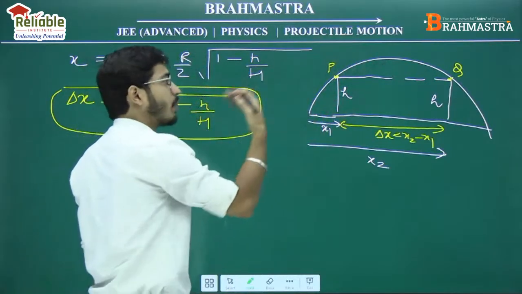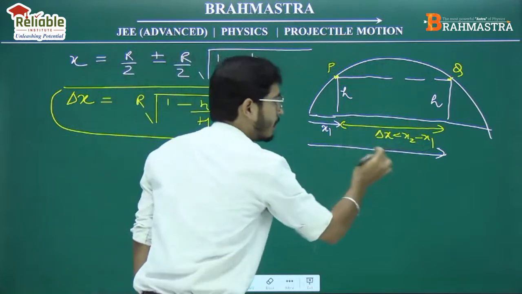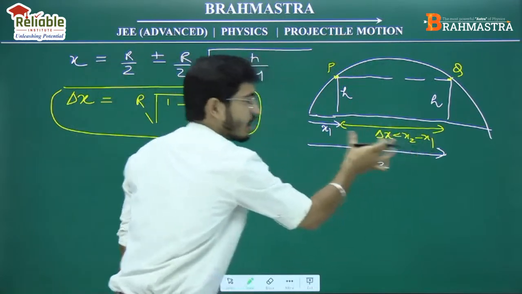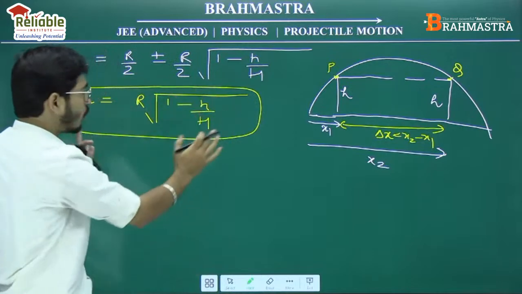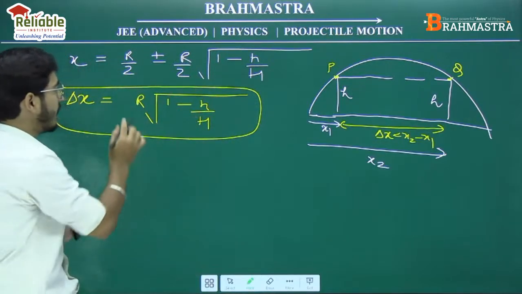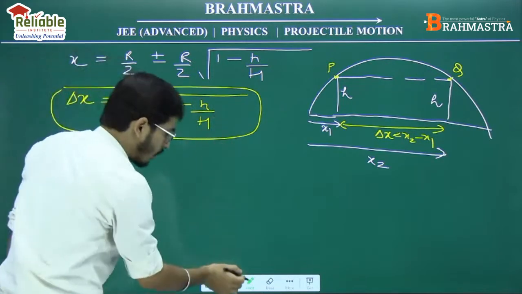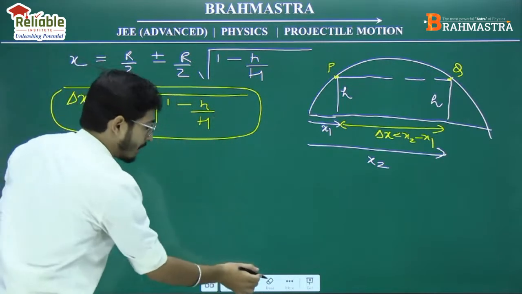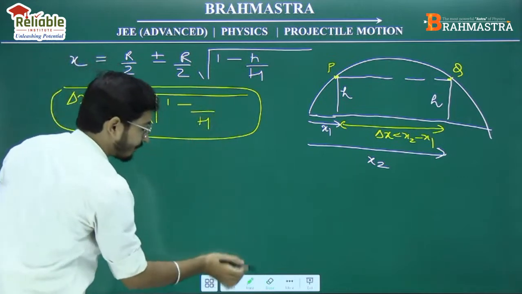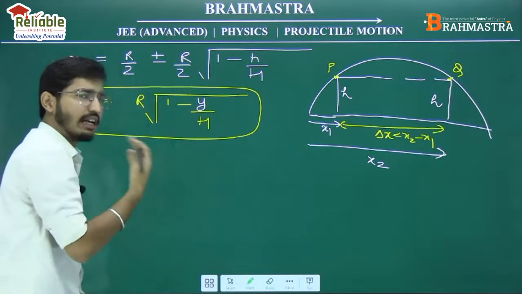If they give the question in such a format, we should be able to easily comprehend this delta x or this change, and this comes out to be a very sophisticated result, right? R is the range, and h is the height given in the question. Now in place of h, I'm writing y, to make it more relevant for the students.